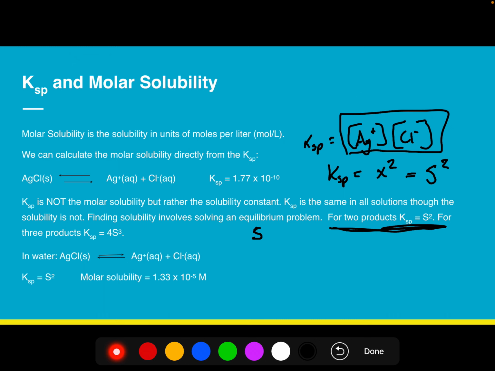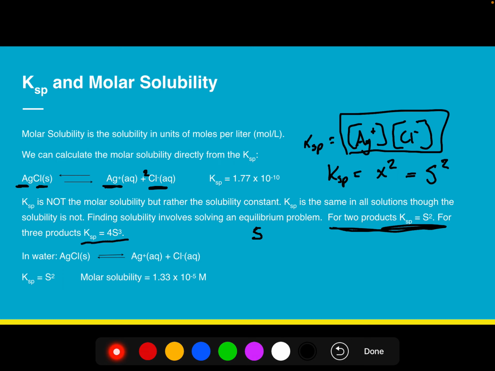What we mean by two products is you have two ions. If, for instance, we had something that has two cations or two anions. So if I had zinc chloride, ZnCl2, well, now we have a 2 here, and that makes three products.